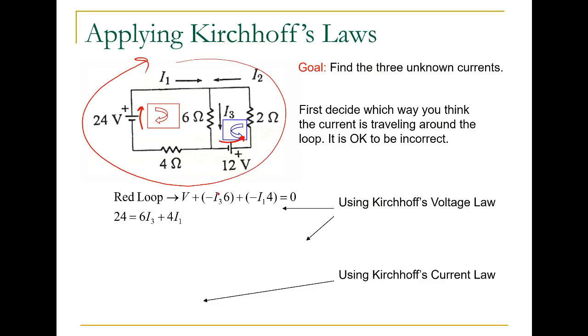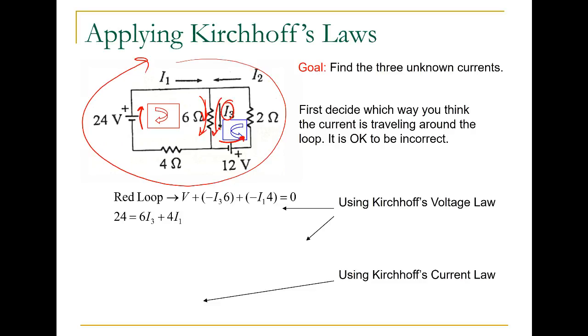And in the red loop, we have V minus I3 times 6 ohms minus I1 times 4 ohms equals 0. And that's actually 24 volts. Okay? Now, why is it I3? Because as we go through this resistor, that is what we have called I3 right here. And it's actually on both sides of the loop.